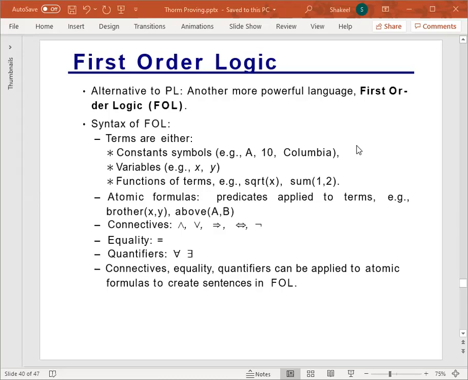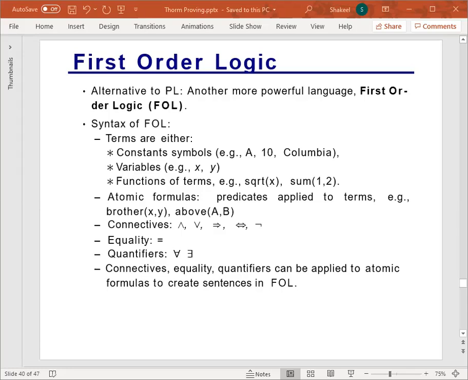For example, brother(x, y) means that x is brother of y, or the element A is on top of the element B. We are going to keep the same connectives: conjunction, disjunction, implication, double implication, and negation. We are going to be able to use equality, especially with functions as well.